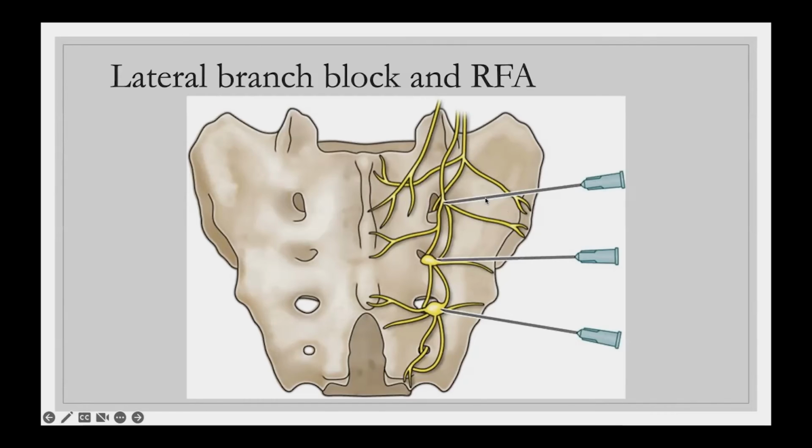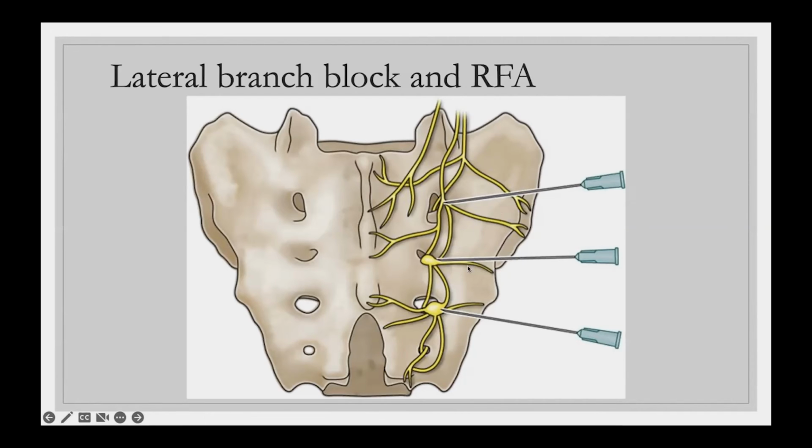If you want something that's a little bit longer acting in terms of relief for that sacroiliac joint arthritis, in a fashion very similar to when we talked about the medial branch block and the radiofrequency ablation, there's a nerve specifically here called the lateral branch, which is this nerve. There's a series of them that goes from the nerve roots here in the sacrum, and it provides sensation to the sacroiliac joint.